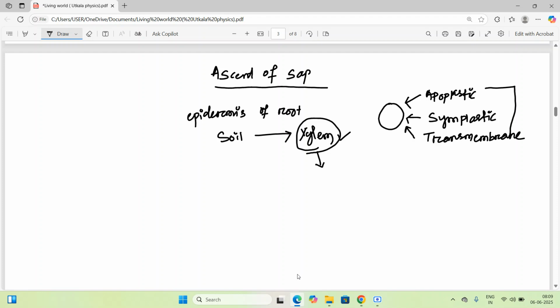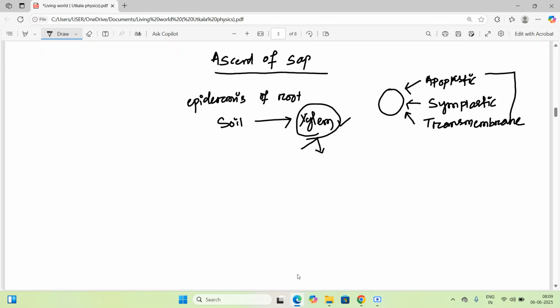These are the two components of the xylem: one is the tracheid and another is the vessel.